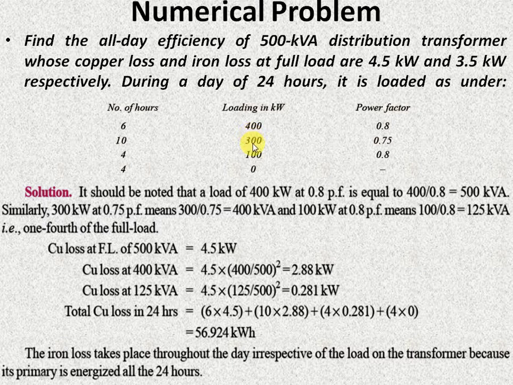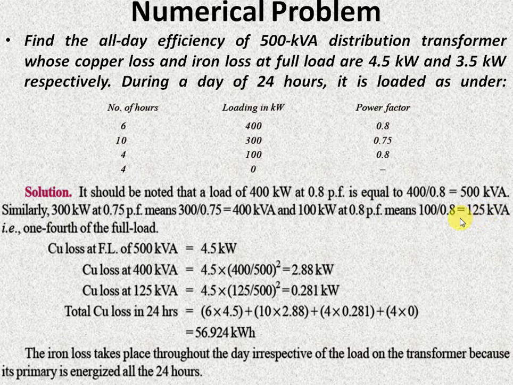At 300 kilowatt condition, it has a kVA value of 400 kVA. So it is not in full load condition. It is 4 by 5 times that of full load condition. So you have to find the copper loss corresponding to this condition. That is, 4 by 5 the whole square into copper loss at full load. Similarly, at 100 kilowatt 0.8 power factor condition, you will be able to find the value of kVA as 125 kVA.